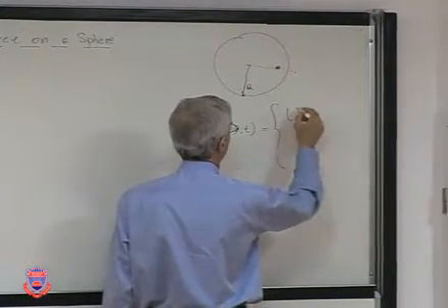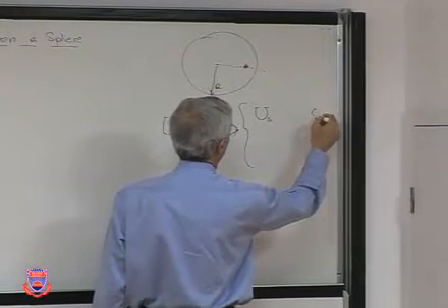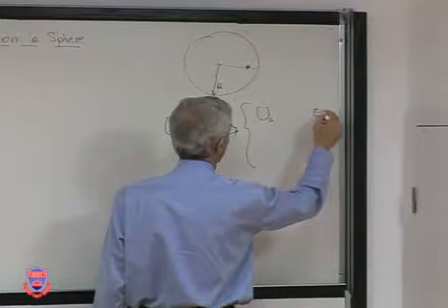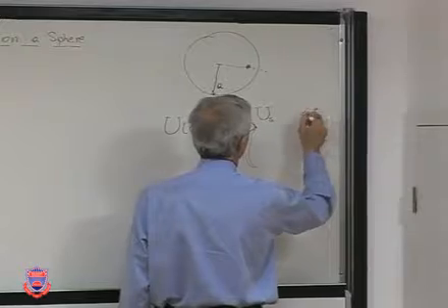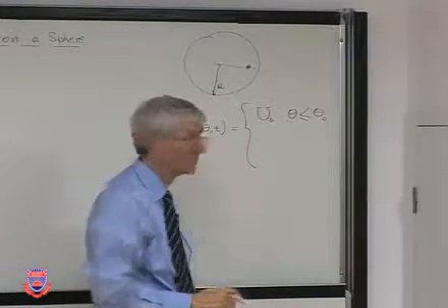We say that it has a surface velocity when theta is less than a certain angle theta 0.